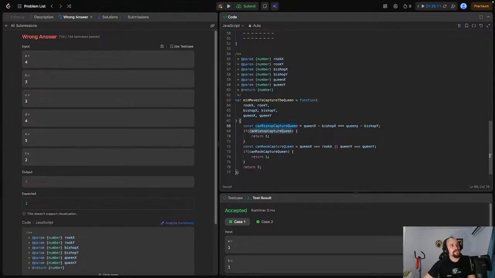But then there's the edge case. Can bishop capture rook? And it's very similar logic here. The rook x and the rook y should be the same.